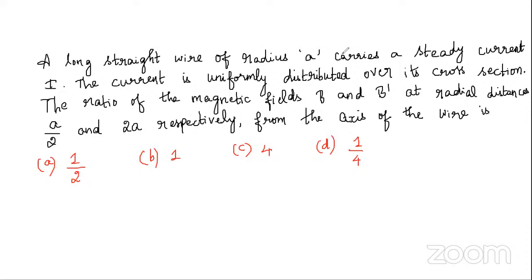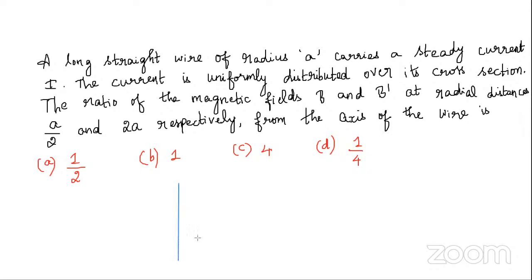So what we should do is consider Amperian loops of different radius around the wire. Let me draw the diagram here so that you can understand it better. This is the wire, a long straight wire.